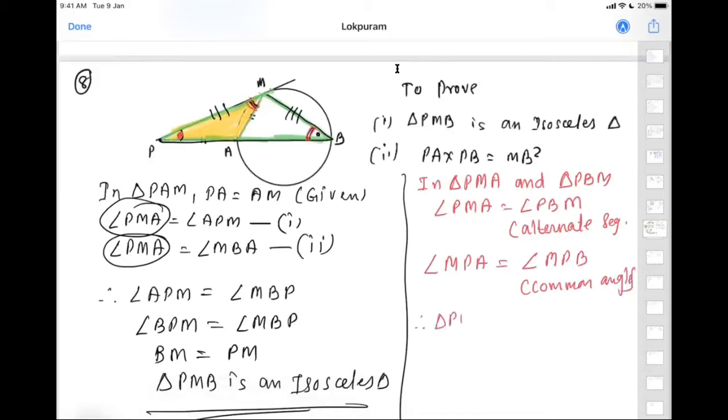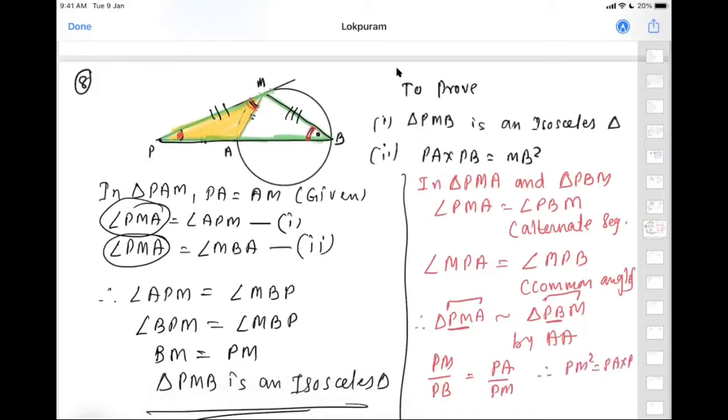Therefore, triangle PMA is similar to triangle PBM by angle. If triangles are similar, we can say their sides are proportional, PM upon PB is equal to PA upon PM. So therefore we will get PM square is equal to PA into PB. We got the answer. Now most of the sums are based on this pattern only.